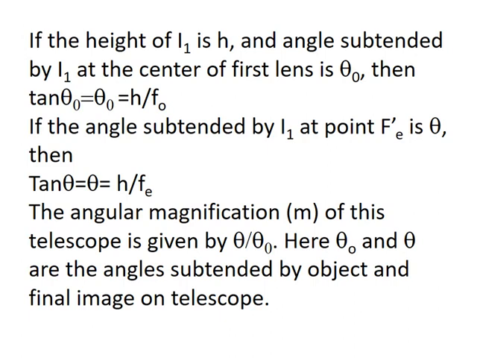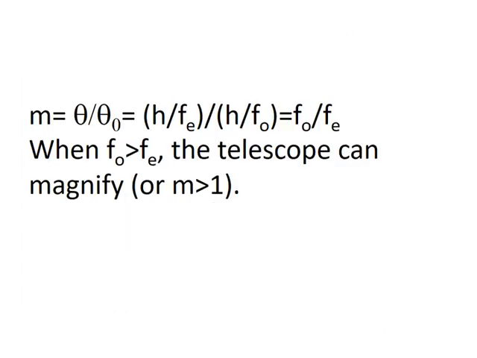Here theta naught is the angle subtended by the object, and theta is the angle subtended by the final image on the telescope. And finally, the angular magnification is equal to f0 over fe. When f0 is larger than fe, m is greater than 1, so the telescope can magnify.